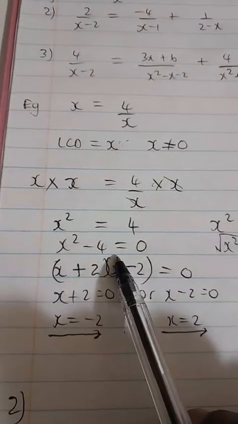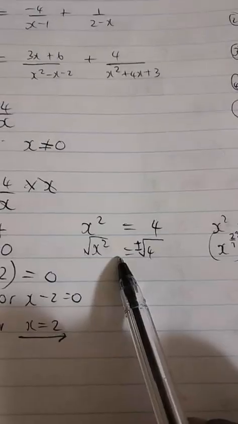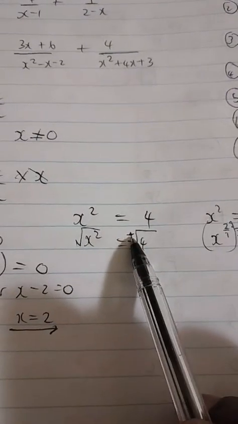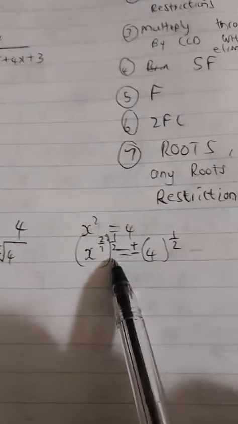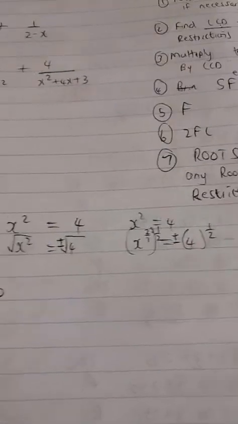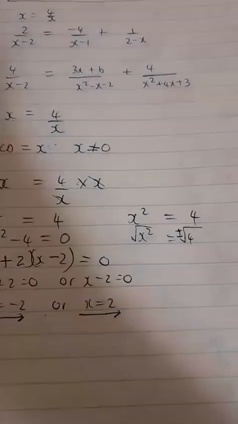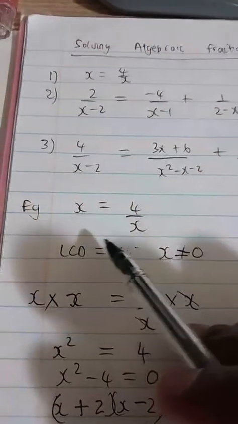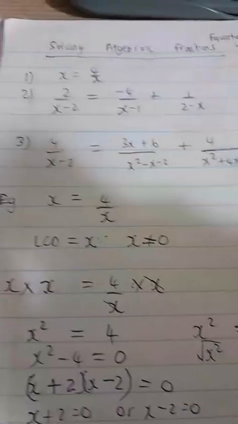So there are various methods. One person could have used standard form. One person could have used taking the square root on both sides and making sure there's plus minus. One person could have used the rational exponent equation approach. All of these will lead us to the very same answer. Excellent is also talking about cross multiplication. That's perfectly fine.